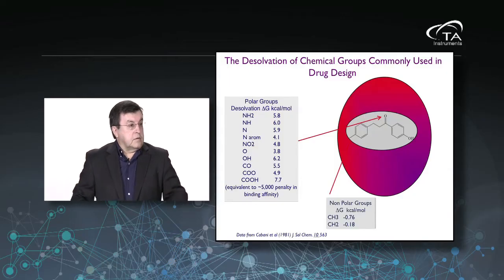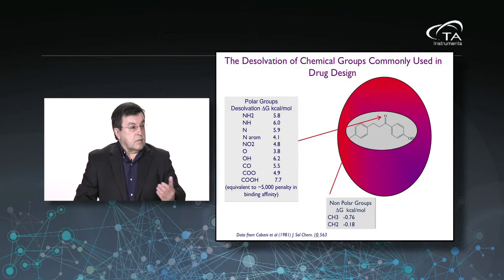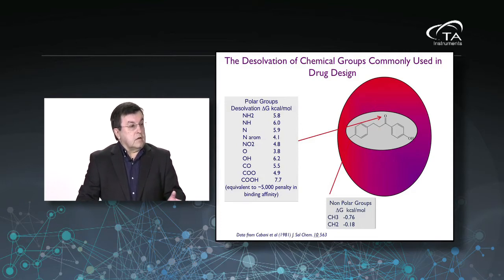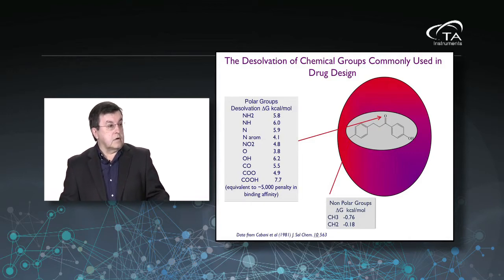On the other hand, non-polar groups, methyl groups, for example, like to get out of water. That's why they are hydrophobic. And the free energy of desolvating a methyl group is on the order of minus 0.76 kcal per mole.